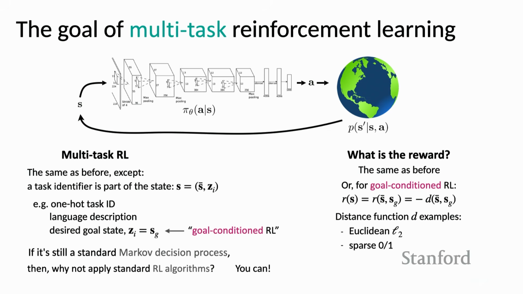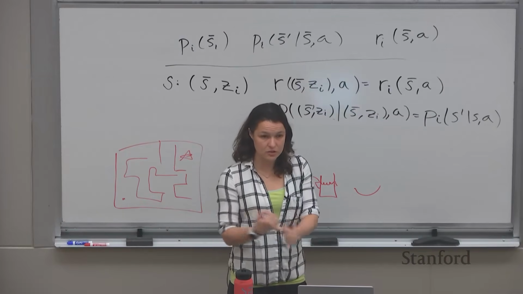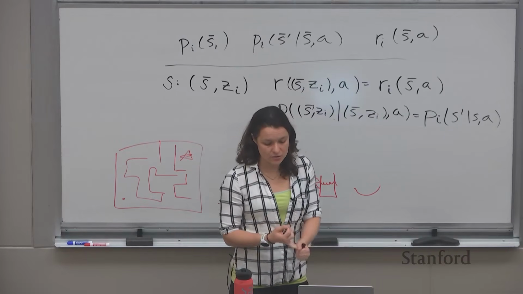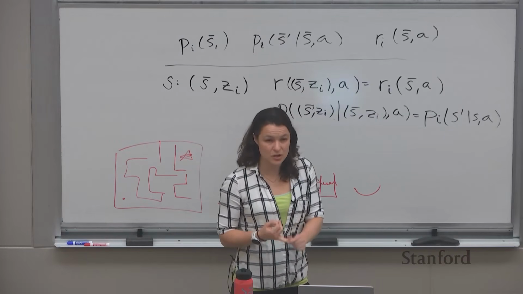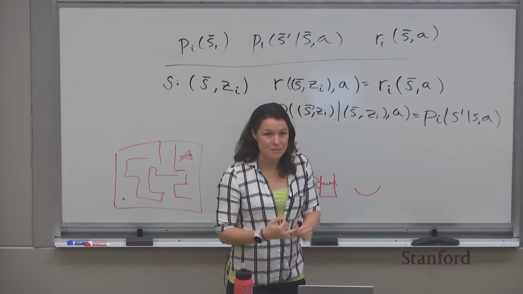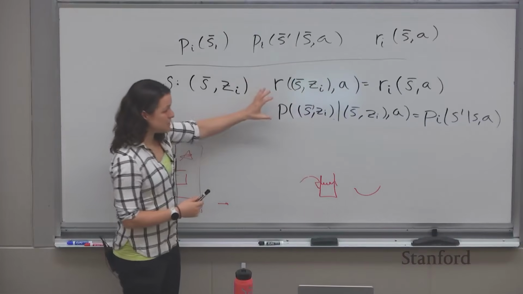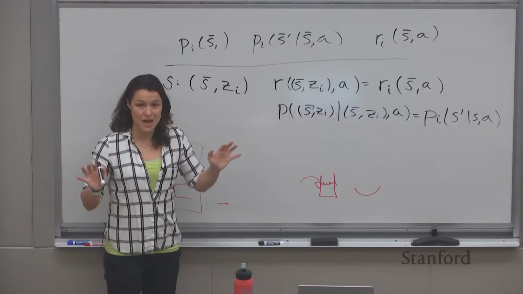But the reason why I'm bringing all this up is that in some cases you can actually do better by leveraging the known structure between different tasks. And goal conditioned RL is one of those cases where you're trying to reach different goals. In the next few slides, we'll talk about one particular way that you can do a lot better by leveraging this fact that you know that this MDP consists of these different tasks that you're trying to do.